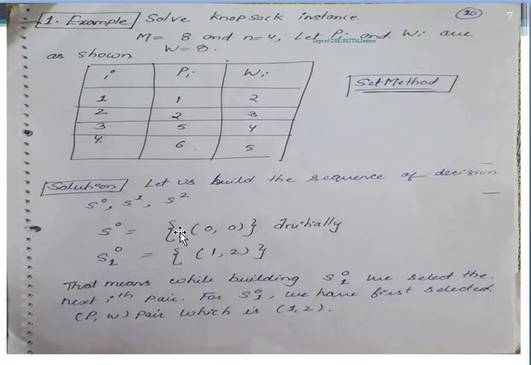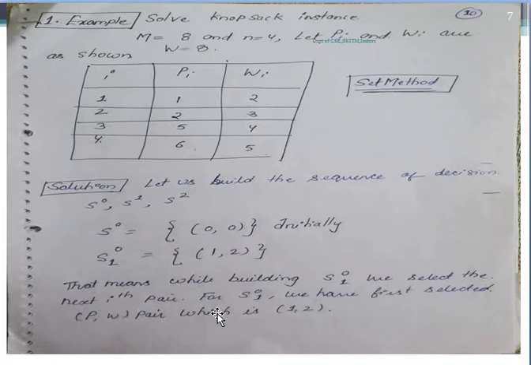So what is S0? Initially it's empty, because that indicates nothing is there in the bag. So the weight is 0, and the profit value associated with it is also 0. After that we are computing S01. That means while building S0 we have selected the next ith pair.